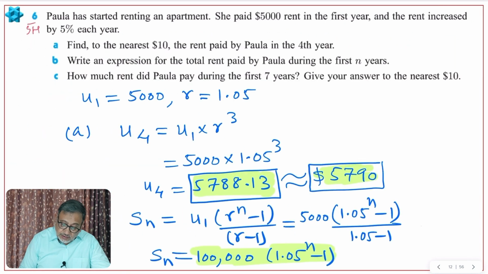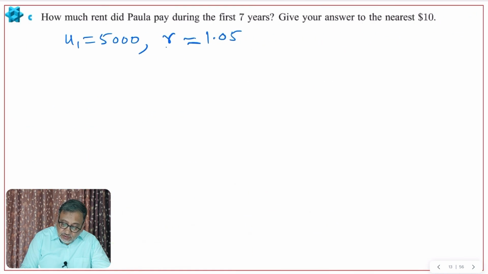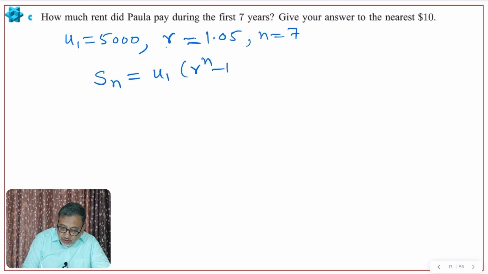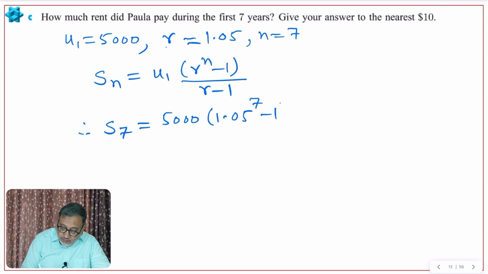Yeah, 7 years, so n is 7. The sum for the 7 years we have to find, right? So S7 we have to find. Sn, let me write U1 into R raised to n minus 1 over R minus 1. So therefore S7 is U1 5,000, R is 1.05, n is 7, minus 1 over 1.05 minus 1.